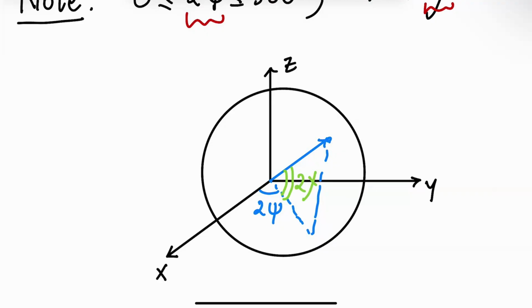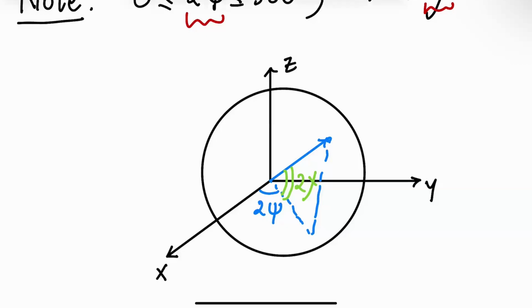That goes from 90 to minus 90, so plus z to minus z, and then 2 psi goes from 0 to 360. If I define it like this, then different polarization states correspond to different points on the sphere, because these two angles define a given polarization state.